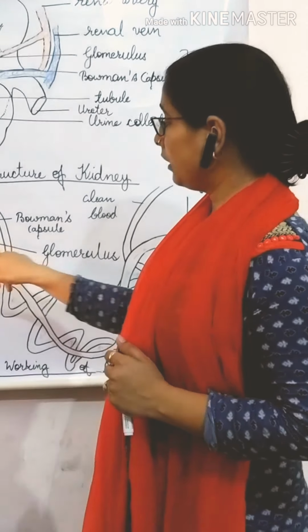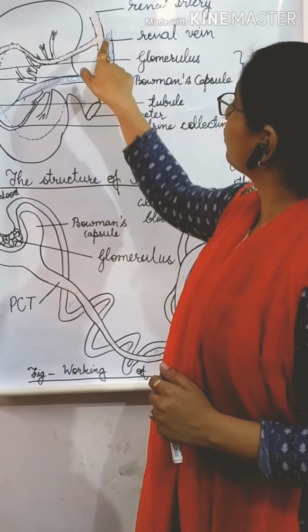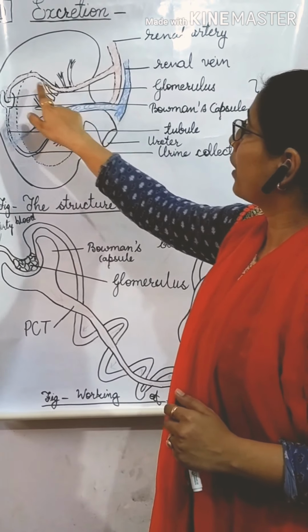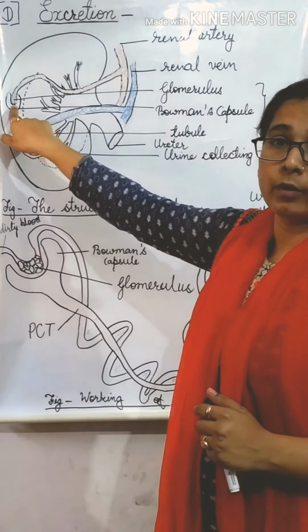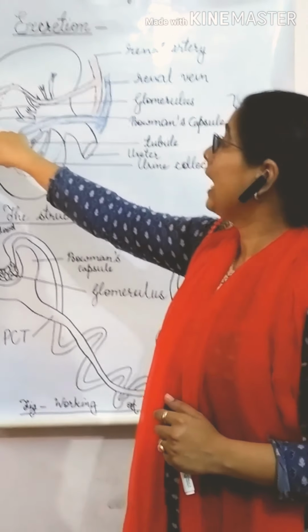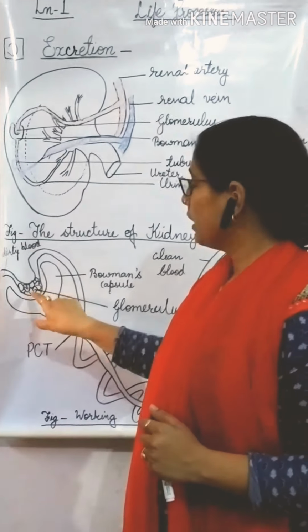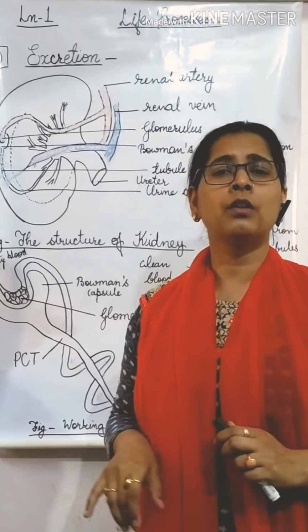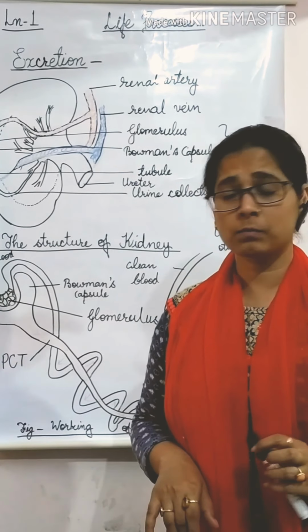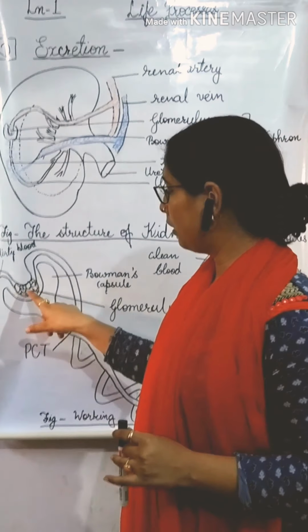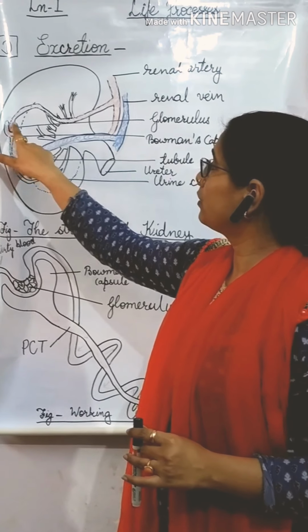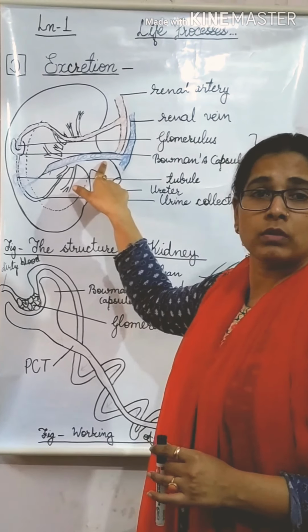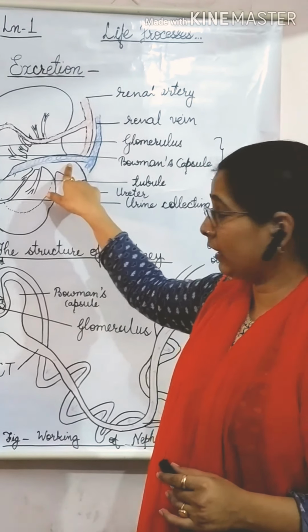Here, the renal arteries bring the blood to the glomerulus, and ultrafiltration of the blood takes place here, and then the filtered blood is sent back to the body through the renal vein.